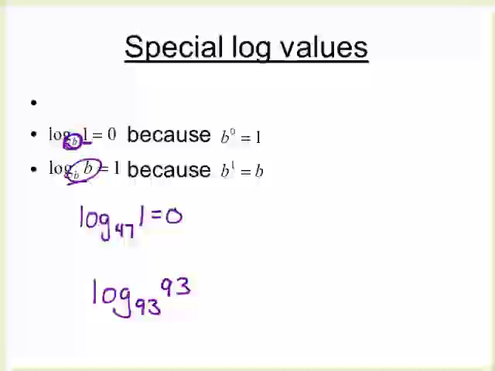So 93 to what power equals 93? 93 to the first power equals 93. So whenever we're taking the log of the number 1, regardless of the base, we will get 0. And whenever we are taking a log where the base and the number inside of the log match, we will get 1.